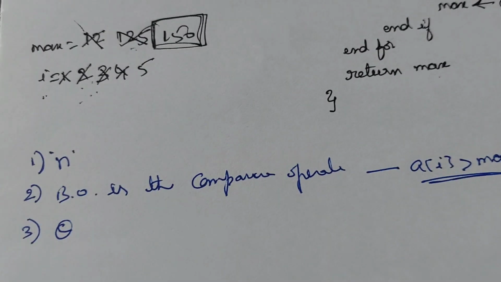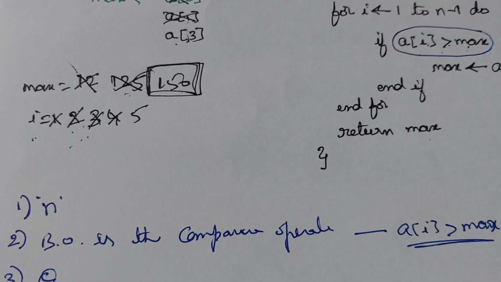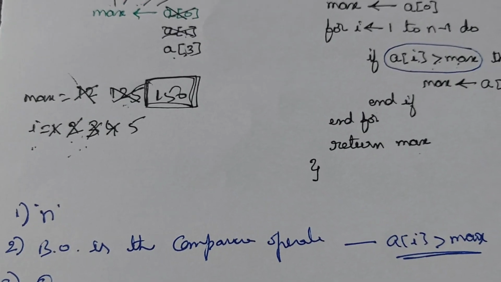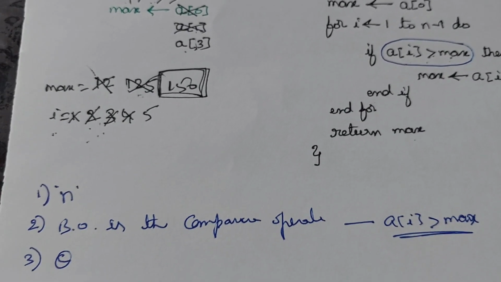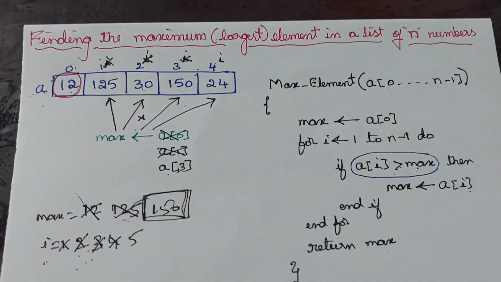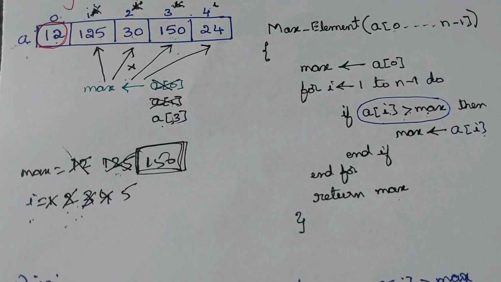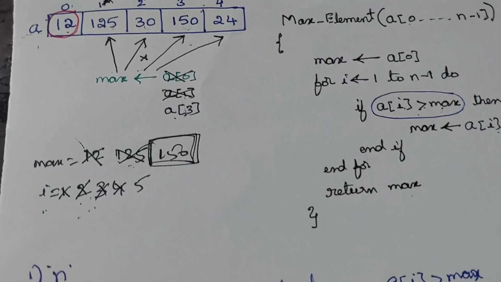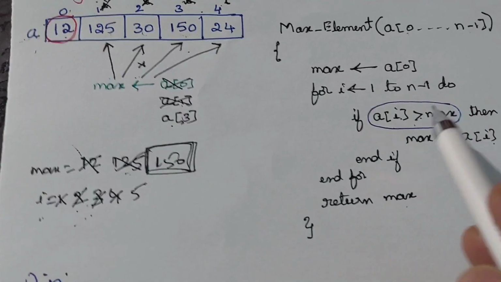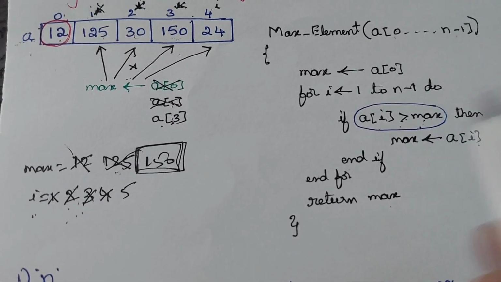So what you have to write in the third step: since the number of times the basic operation executes depends only on the problem size, we need to find only the average case, big theta. Now the fourth step is we need to express how many times this basic operation is executing in terms of summation.